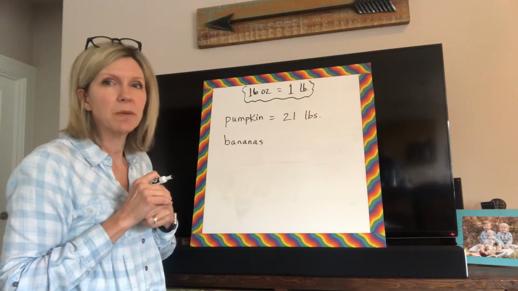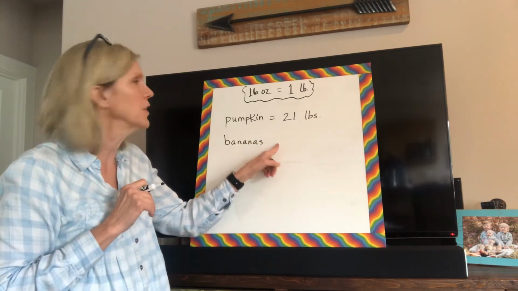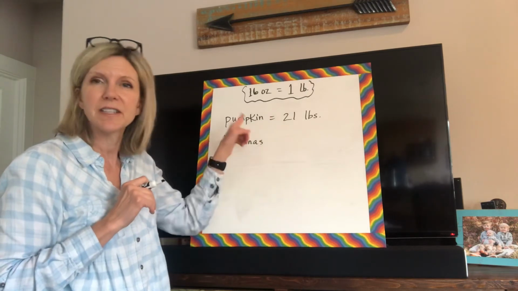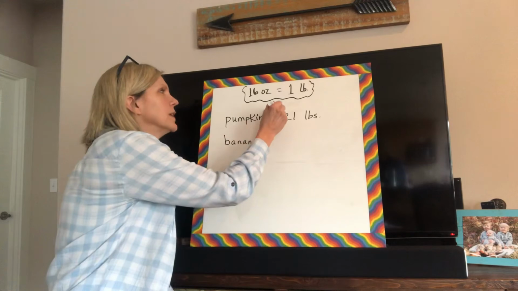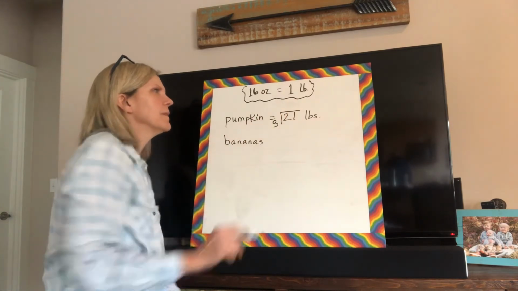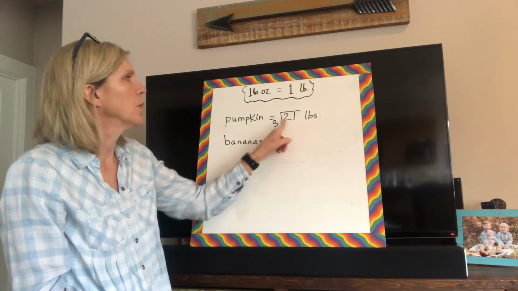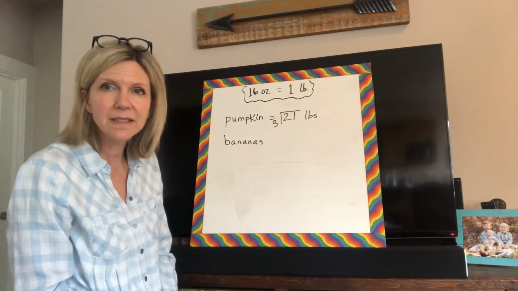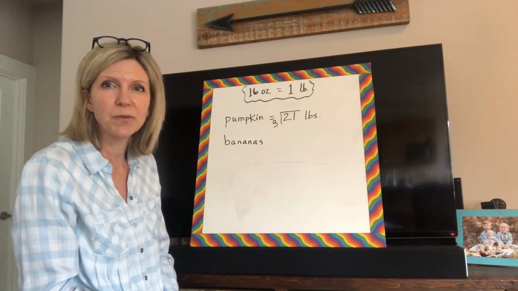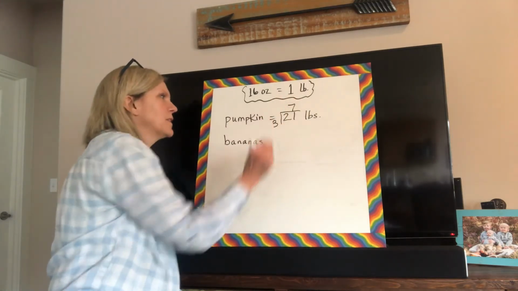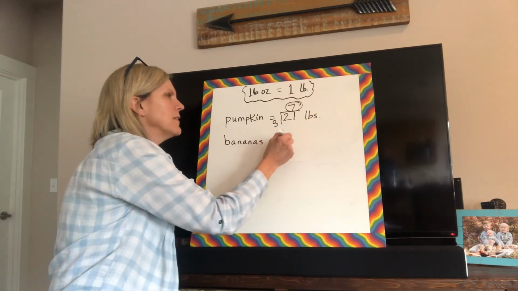So you wouldn't multiply this, because if you multiplied it, that means your bananas would be heavier. And here, your pumpkin is heavier. It's 3 times as heavy. So you want to divide it by 3. So 21 divided by 3 is, well, you can remember this because you just had your 7s last week. 7, okay. So the bananas weigh 7 pounds.